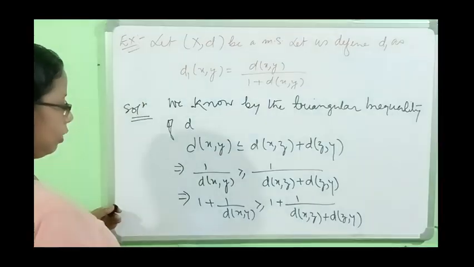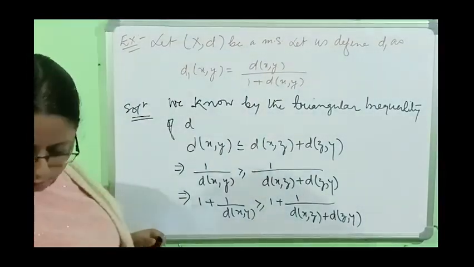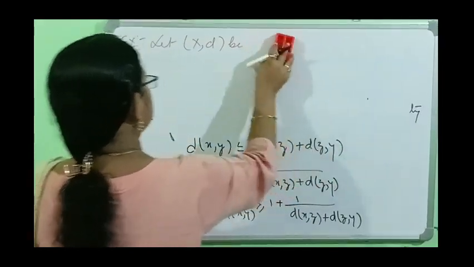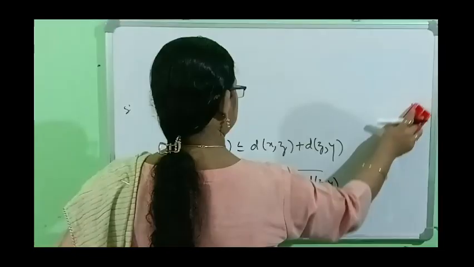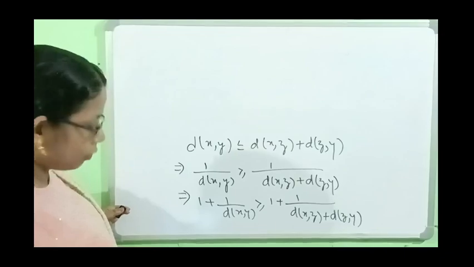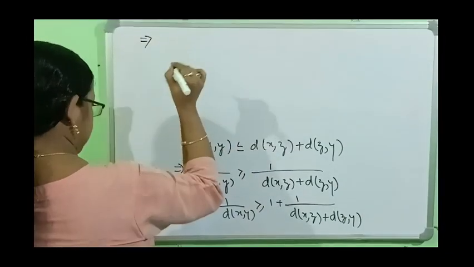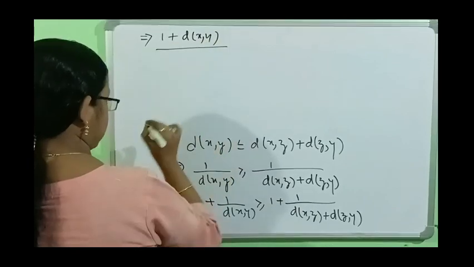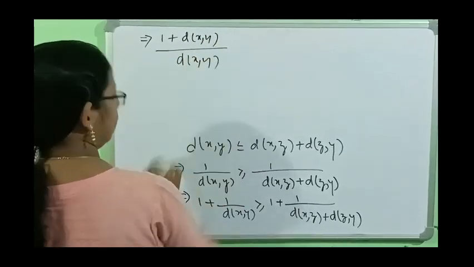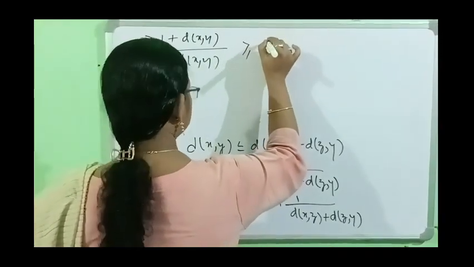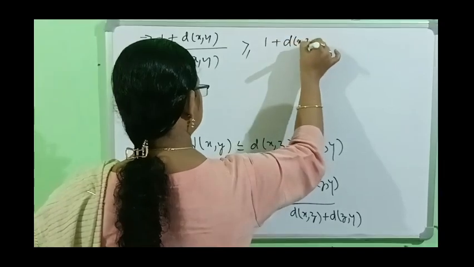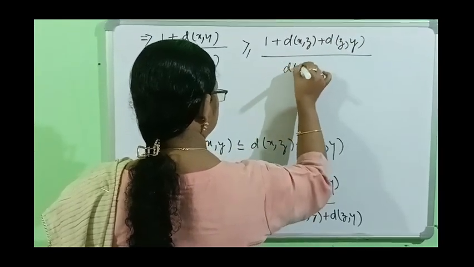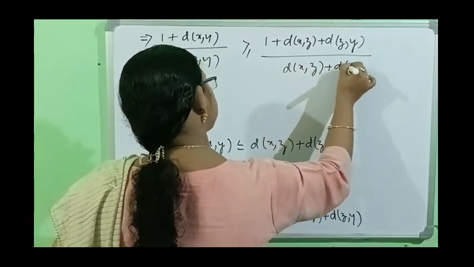Simplify this one, you will get 1 plus d(x,y) by d(x,y) greater than or equal to 1 plus d(x,z) plus d(z,y) divided by d(x,z) plus d(z,y).